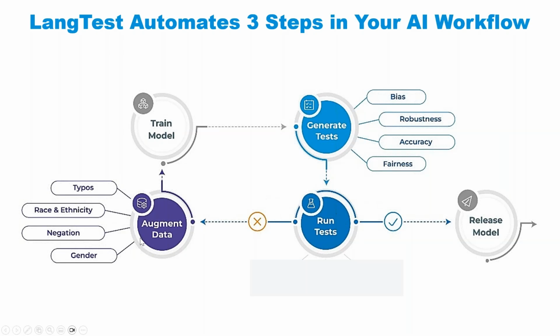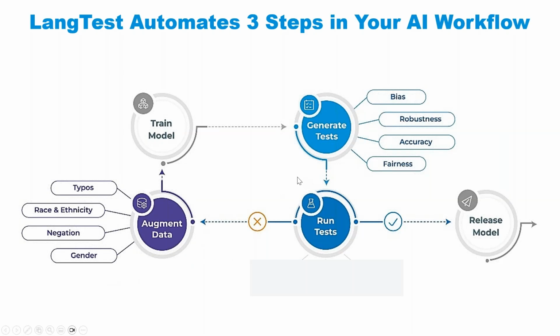Otherwise, we have lots of different methodologies to improve the model. So let's gather more data. Let's use data augmentation that the library can also provide in certain cases to improve the model specifically for passing those tests. So we can generate augmented data to improve the model's performance for robustness tests, or for improving the model's performance on fairness, and so on.